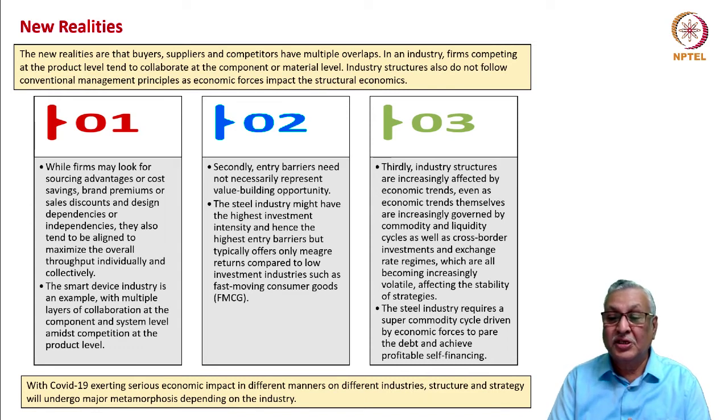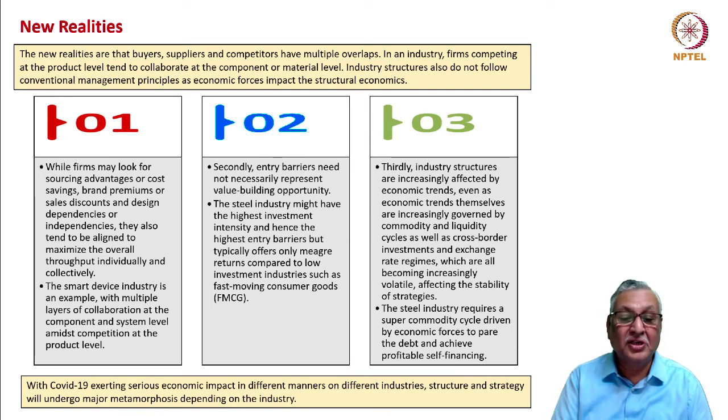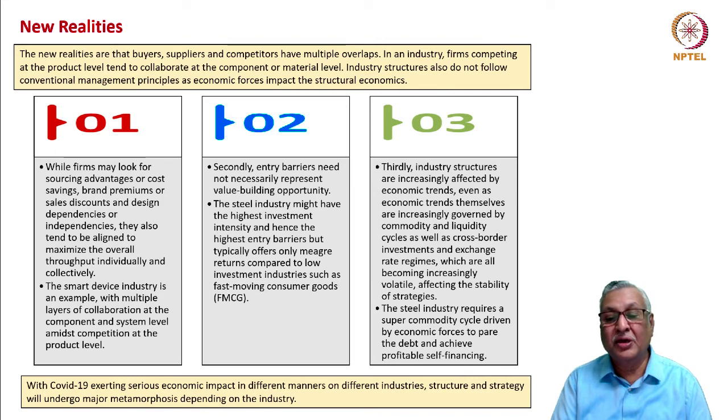The steel industry requires a super commodity cycle driven by economic forces to pay the debt and achieve profitable self-financing. But it is easier said than done. So with COVID-19 exerting serious economic impact in different manners on different industries, structure and strategy will undergo major metamorphosis depending on the industry.